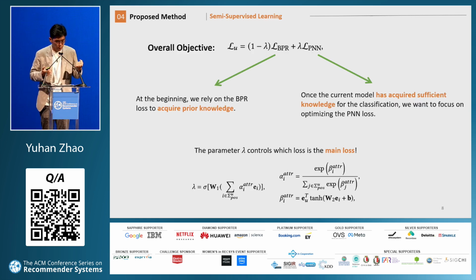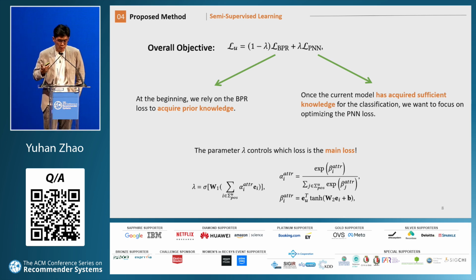So for the first problem, we propose a self-supervised learning paradigm to solve it. Our overall objective is LU. LU includes two parts. The first one is LBPR. At the beginning of training, we rely on the BPR loss to get information.